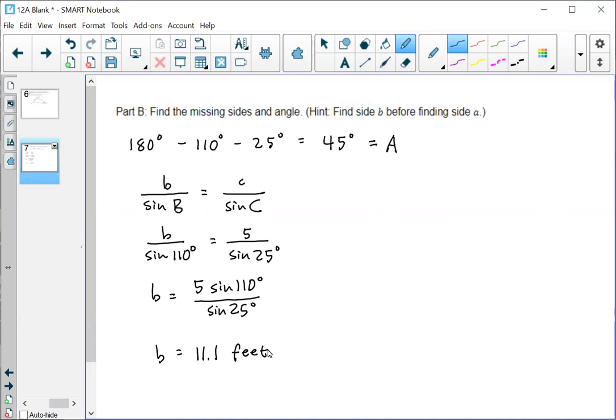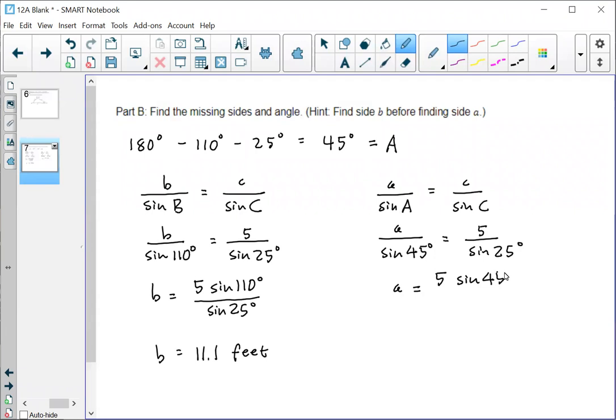One thing left to find is side A's length. I'm going to use the law of sines again, and this time we take A over sine A equals C over sine C. A stays A, the sine of A becomes the sine of 45 degrees, and C is 5 over the sine of 25 degrees. Rearranging, A equals 5 times the sine of 45 degrees over the sine of 25 degrees.